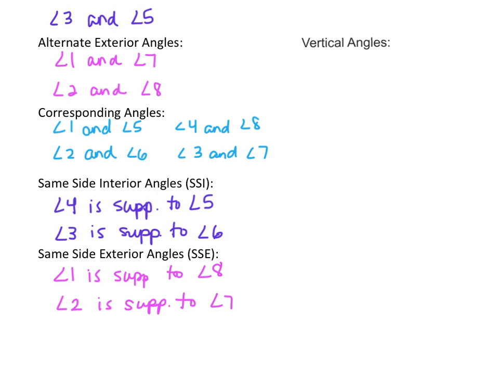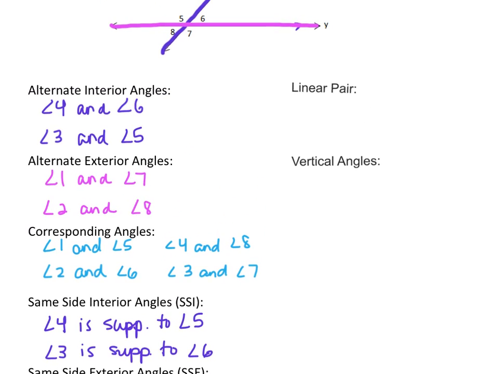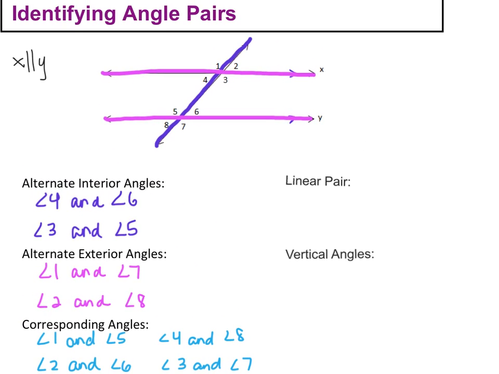Alright, so just a couple more to talk about over here on the right. We've got our linear pairs and our vertical angles. So linear pair tells us that the angles are supplementary and side by side. So we can look at angle 1 and angle 2 as a linear pair.